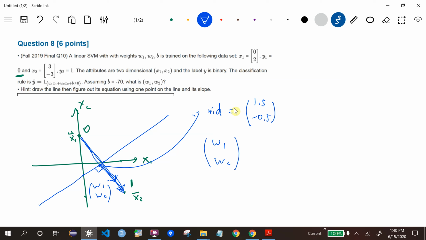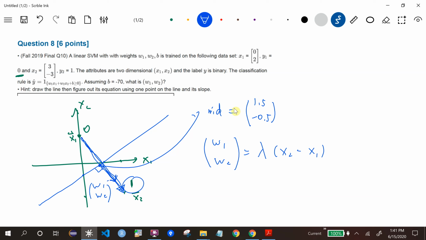W1, W2 is some multiple, let's call it lambda, x2 minus x1, so the vector from x1 to x2. And the reason why I have x2 minus x1, not x1 minus x2, is because, remember again, from the LTU perceptron lecture, the vector is always pointing to the points labeled 1.